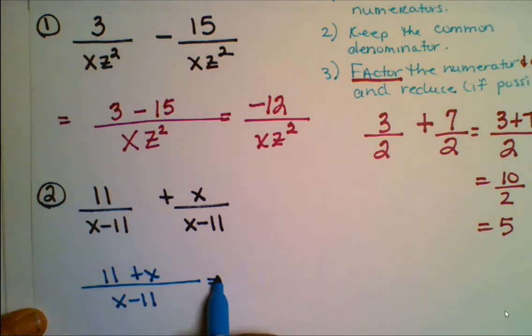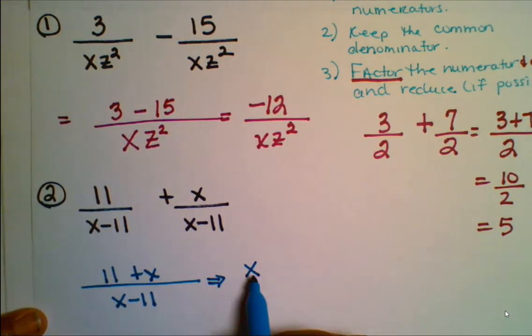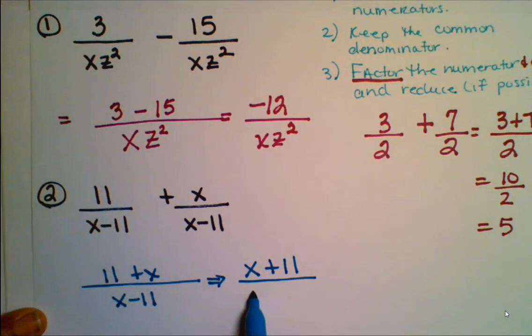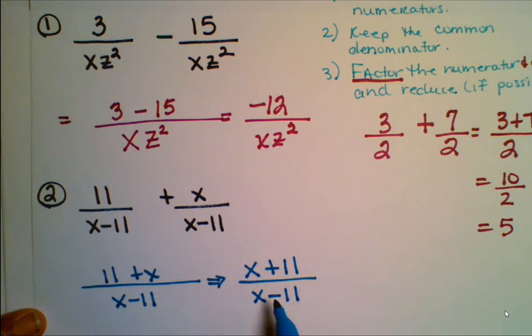Well, let's just go ahead and write the terms in descending order. We have x plus 11 in the numerator over our denominator x minus 11. Now there's nothing that we can do here because they are different binomials. So we are finished with this example. So our solution is x plus 11 over x minus 11.